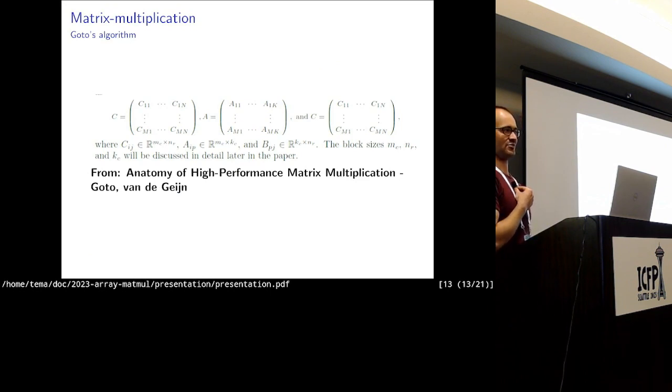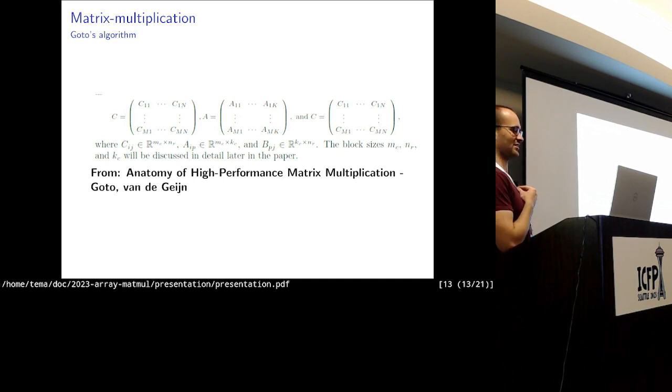So if you just take the naive implementation, then you get about one floating point operation per element. So what you need to do is decompose the matrix multiply into smaller parts so that we get a higher intensity per flop. So here's an excerpt from the seminal paper on this from Goto.